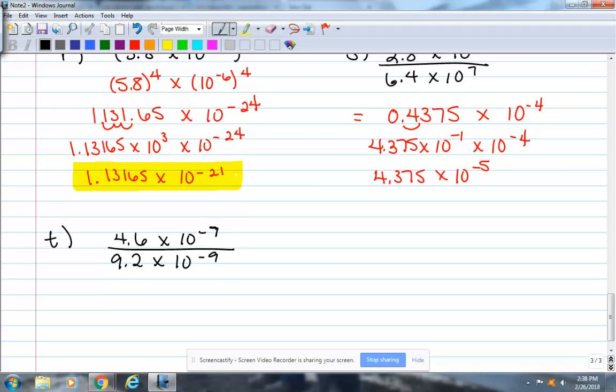Get as far as you can. When you finish, go ahead and check it with somebody close to you.